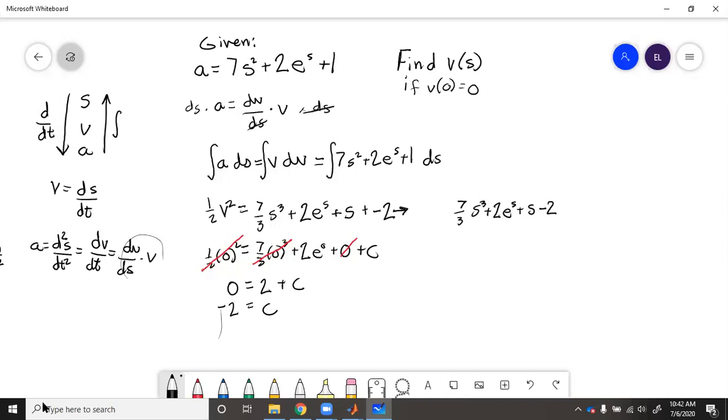And now we got to multiply both sides by 2 to get rid of this. So we'll have all that times 2. And then we'll need to square root. So that equals v of s.